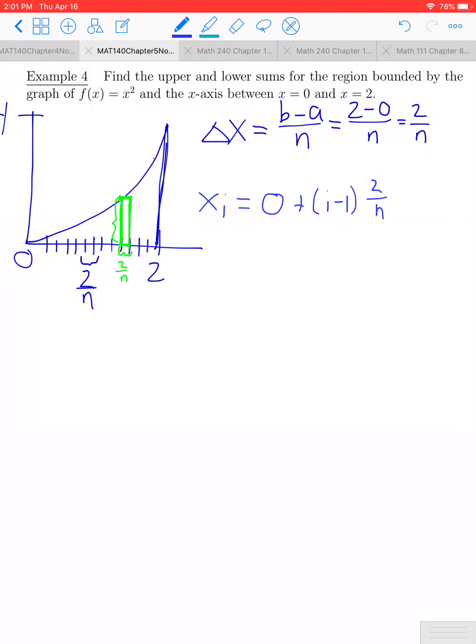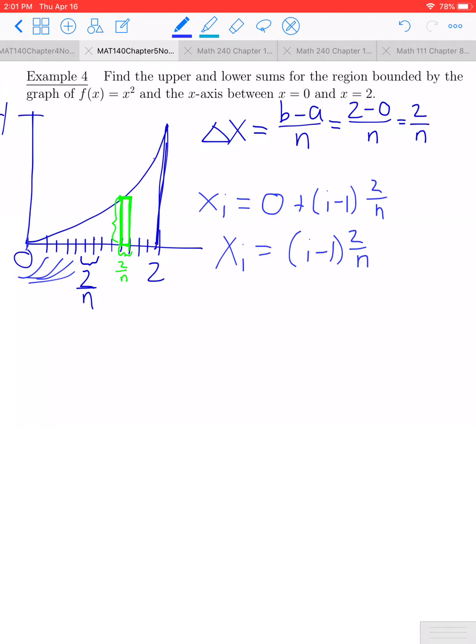When i equals 1, this term would be 0, and that would give us the first left endpoint, which would be 0. And then if we add 2 over n, that'll continue to give us the rest of the left endpoints. So our x sub i, the thing that we would be evaluating into the function, would be i minus 1 times 2 over n.